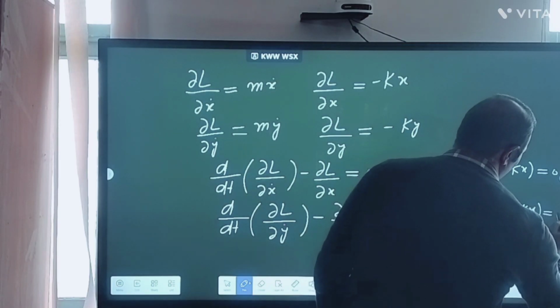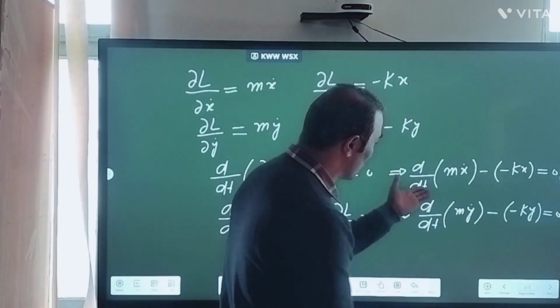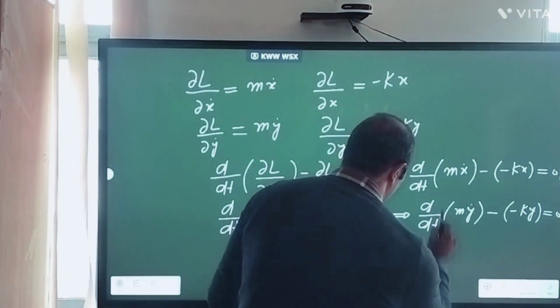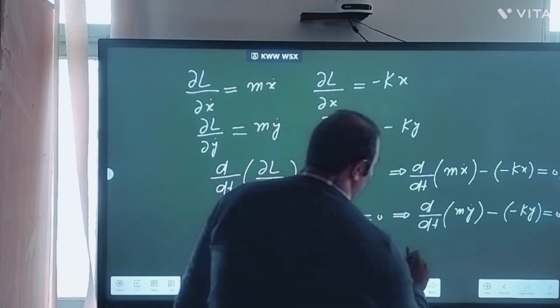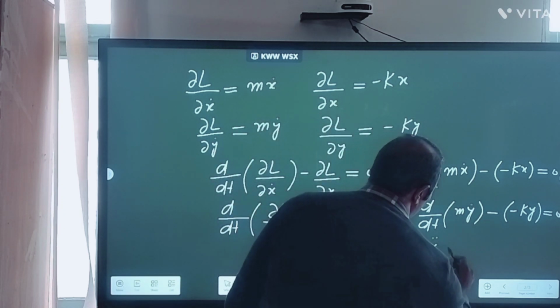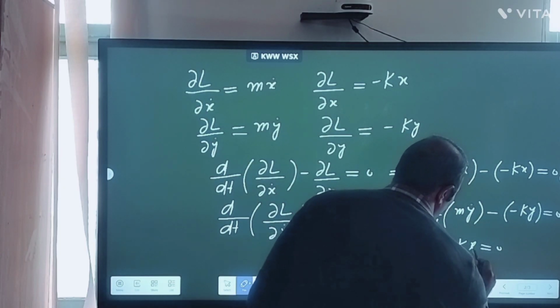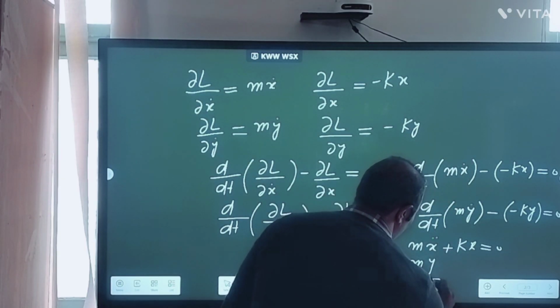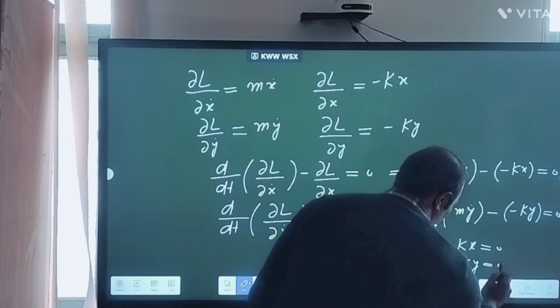So that will be equal to 0. So these two equations I can further write because I need to differentiate with respect to time here. So the first equation will be m x double dot plus kx equal to 0, and m y double dot plus ky equal to 0.